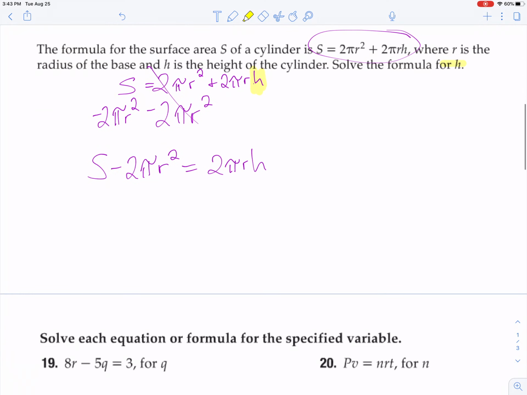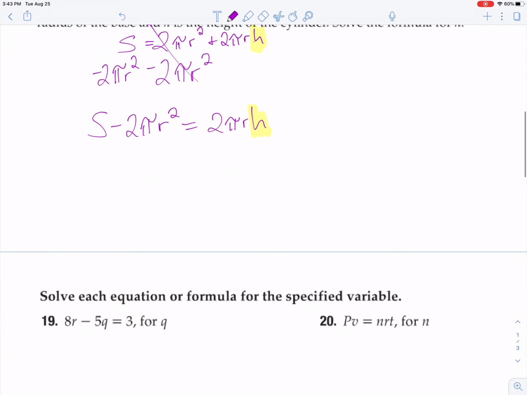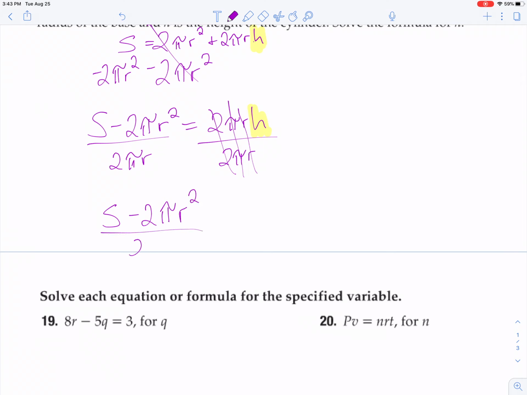Now, since 2 pi and r are all being multiplied onto the h, I can go ahead and just divide them away. 2 pi r and 2 pi r. So that now the 2's cancel, the pi's cancel, the r's cancel. S minus 2 pi r squared over 2 pi r.